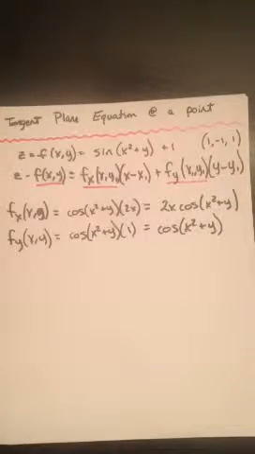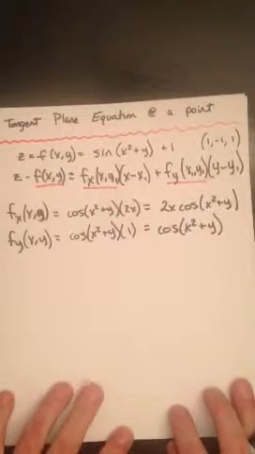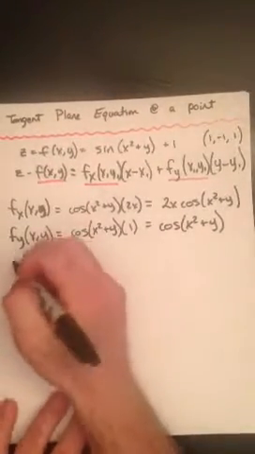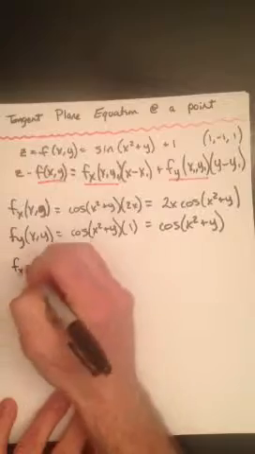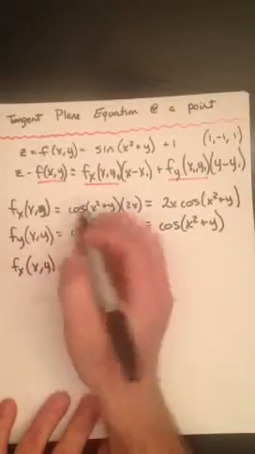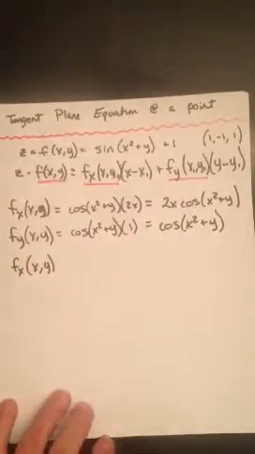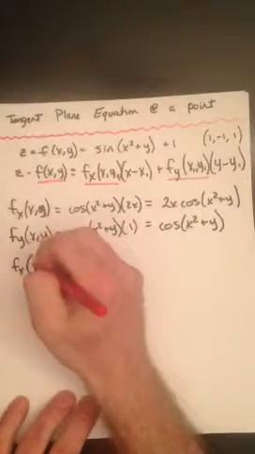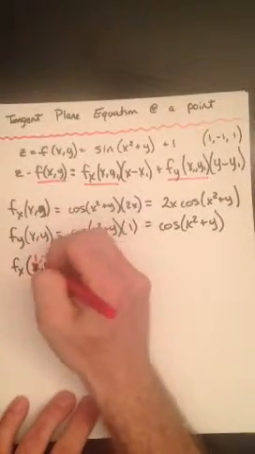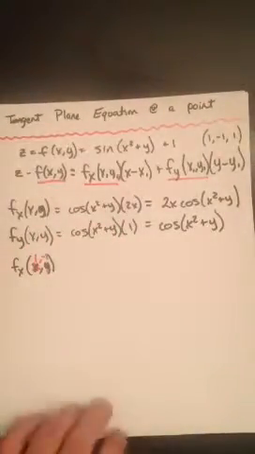Now we just have to go through and enter our values and plug it into the equation. So we'll start with the partial of x. Ooh, I'm sorry, this should read, let's write it in red here, (1, -1). My mistake.